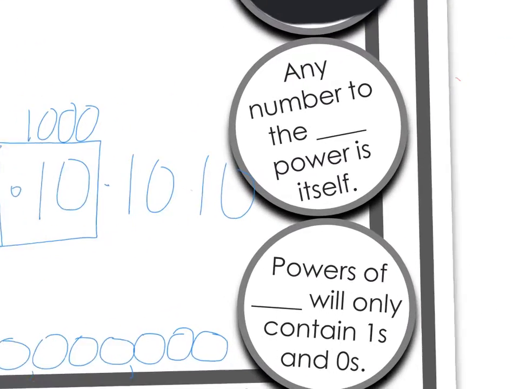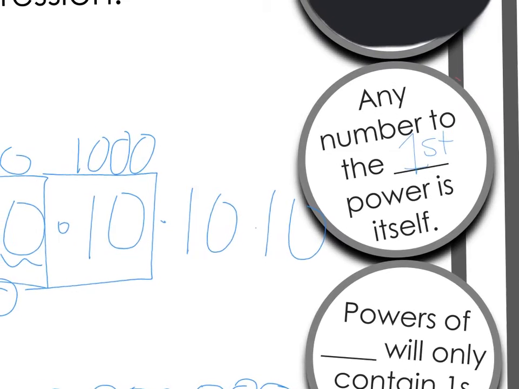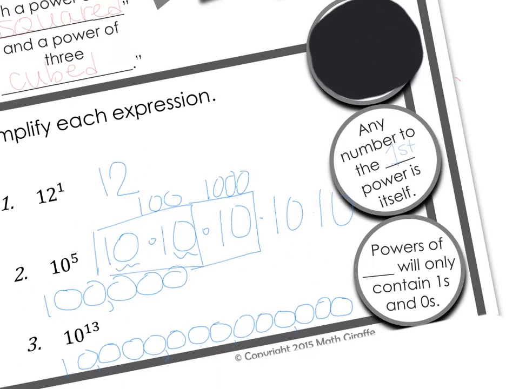Okay, the last part of these notes that we need to fill in. Any number to the first power is itself. We kind of learned that over here with 12 to the first. It's just itself. So 5 to the first would equal 5. 7 to the first would equal 7. It would just stay the same.